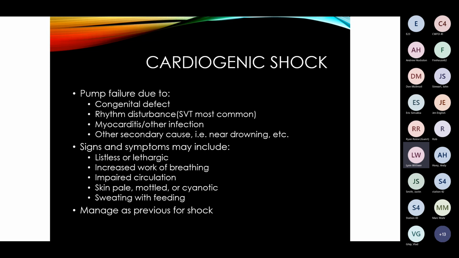Cardiogenic shock is, as they say, rare but not uncommonly found in children, but pump failure is generally due to congenital defects and/or to a rhythm, and so the family will generally know about that.